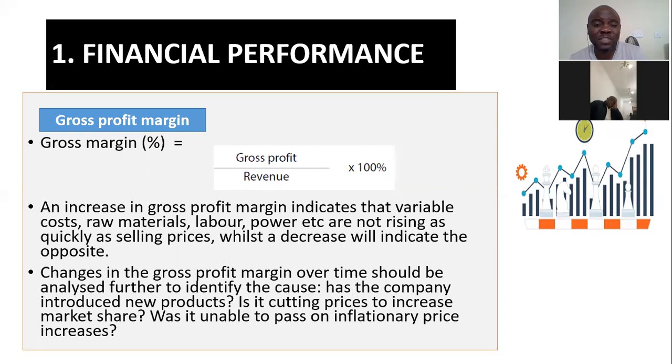So in this case, you want to improve gross profit margin. How do you improve it? First, you look at what actually makes up gross profit. What makes up gross profit is sales and the cost of sales. So it's either you increase sales and reduce cost of sales, or do both.